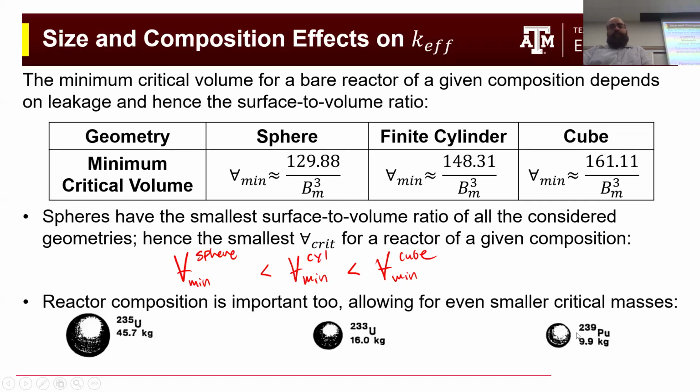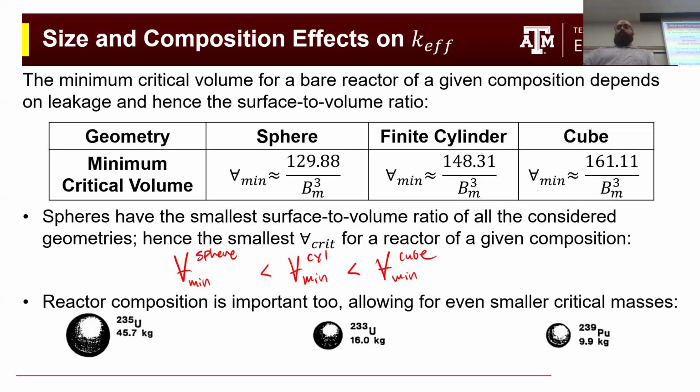Plutonium-239 can make the smallest critical sphere, whereas uranium-235 would be bigger, and then uranium-233 would be somewhere in the middle. These definitions come from finding the critical volume of the sphere, and then, if you need to, doing a minimization problem, depending on what volume you have or what the geometry is.